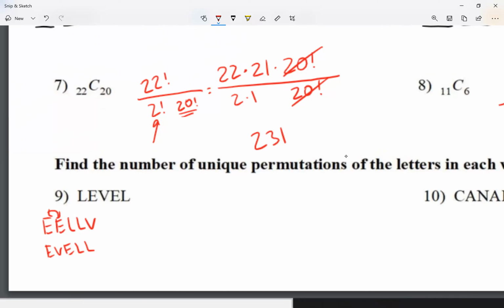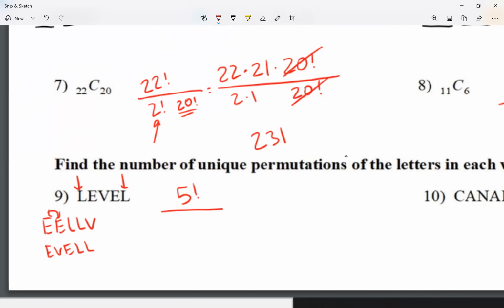First of all, how many letters are there? 5 of them, right? So let me write this as 5 factorial over. Are there any letters that repeat? Yeah, the L's, right? I see the L's repeating. How many L's do we have? 2.